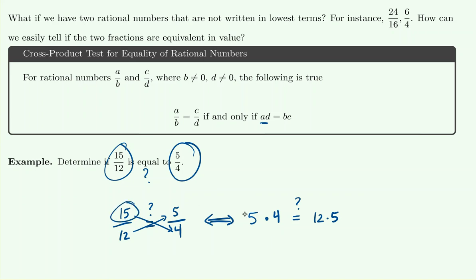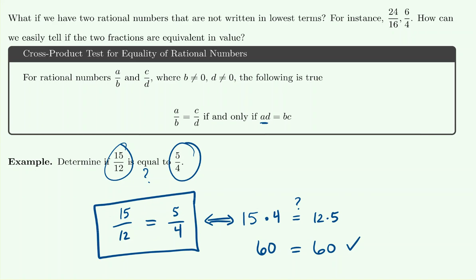It's 15 times 4, top times this bottom, which would be 60, is definitely equal to 12 times 5, which is also 60. So since this is equal, then we know the fractions are equal, and 15/12 is just another expression of 5/4. And in this case, 5/4 is now in lowest terms.